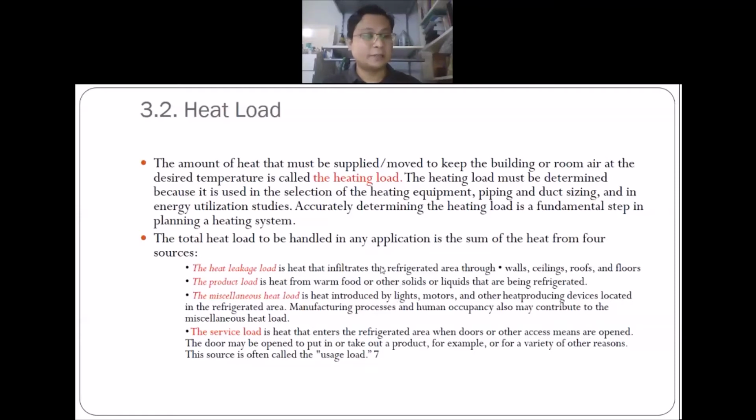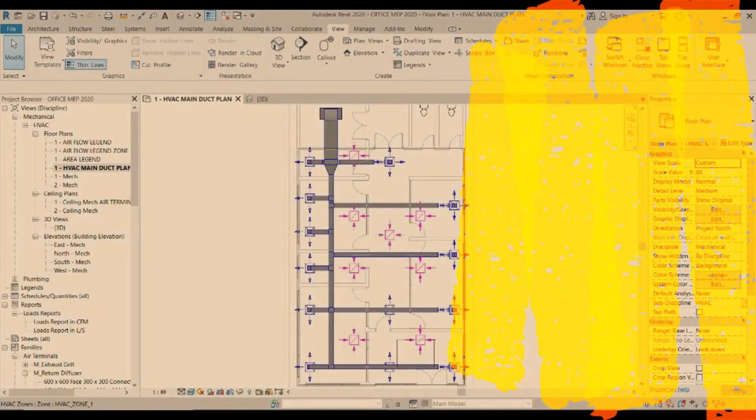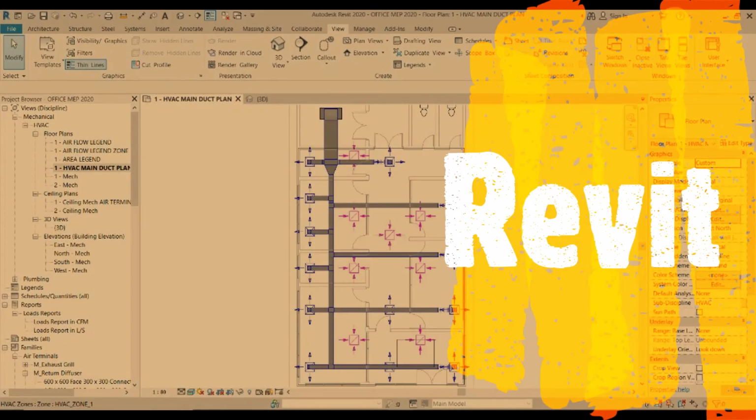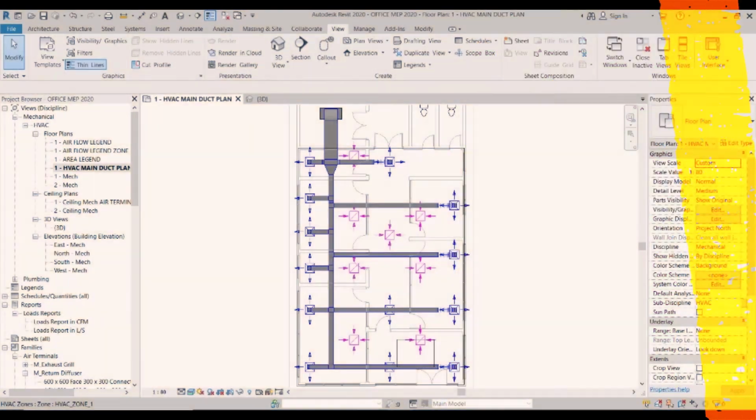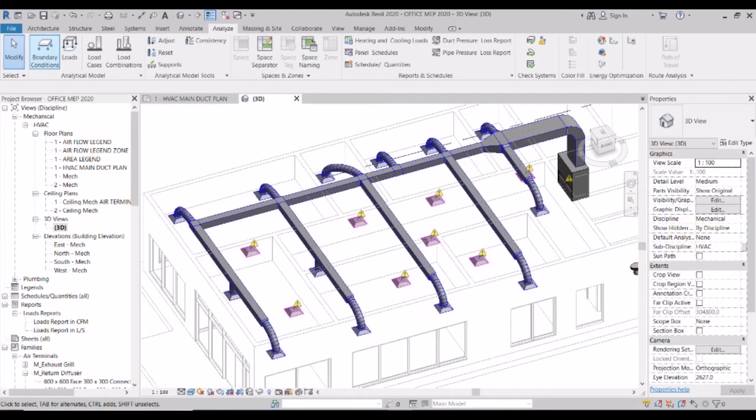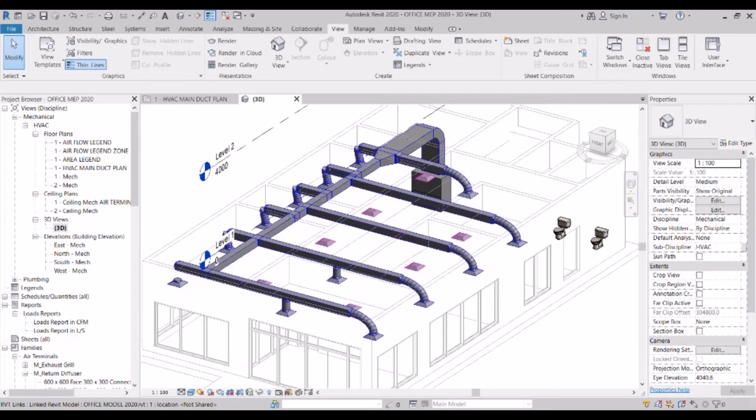So actually, I would like to show you an example of what we design. This one is an example of designing using programming. This one we design using the Revit program. It is very good. You can see after the architecture is finished, it is handed over to the mechanical work.